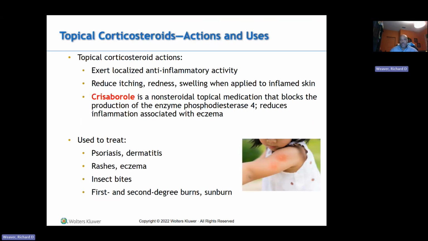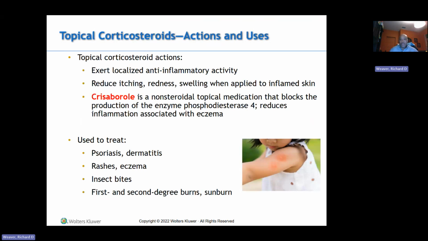We use corticosteroids in the form of lotions, creams, or even aerosol sprays, in which the drug is suspended, and the area to which the drug is applied matters too. We're talking about open or denuded skin or unbroken skin. Also, the thickness of the skin over the treated area influences the absorption of the drug itself.